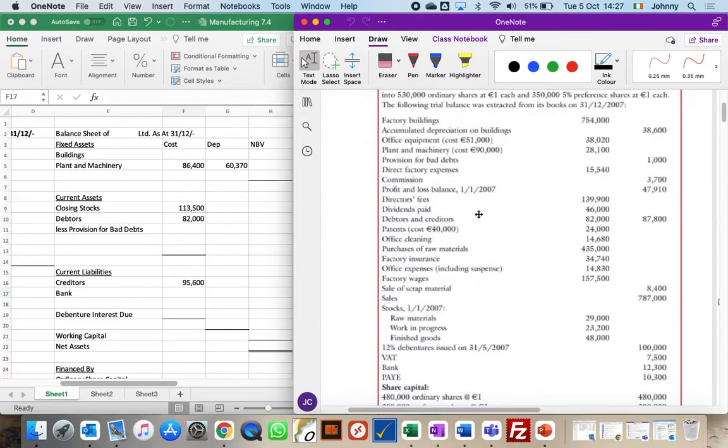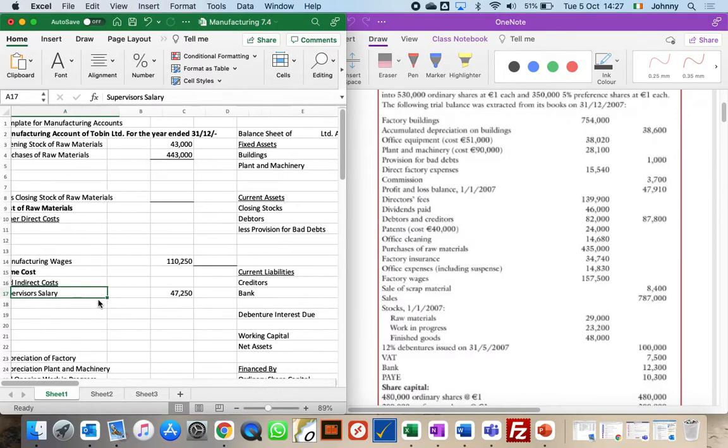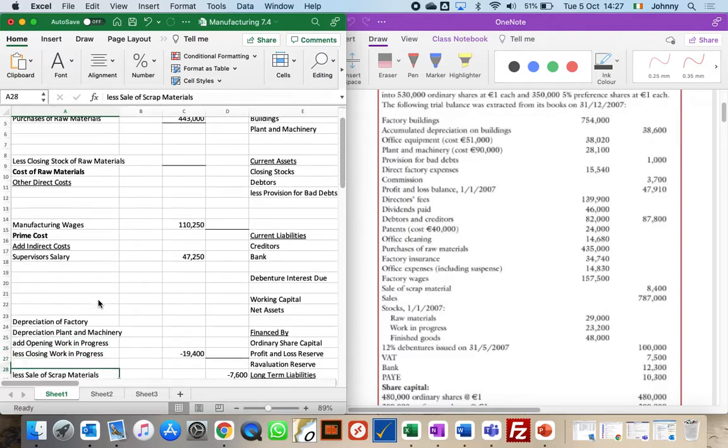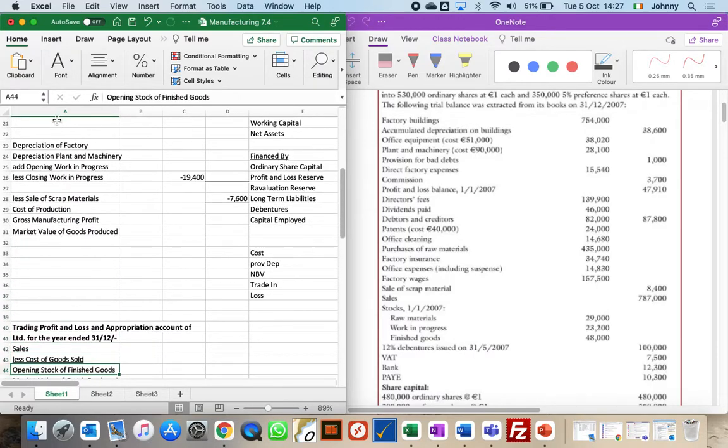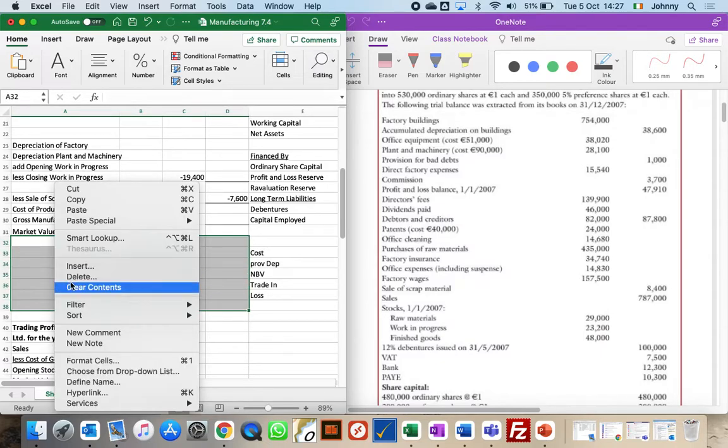Okay, so where I'm looking here for suspense, they've mixed in suspense in this question with office expenses. And office expenses is 14,830. Now let's just put this in first. So office expenses is not in the manufacturing account. Just get rid of this gap there.